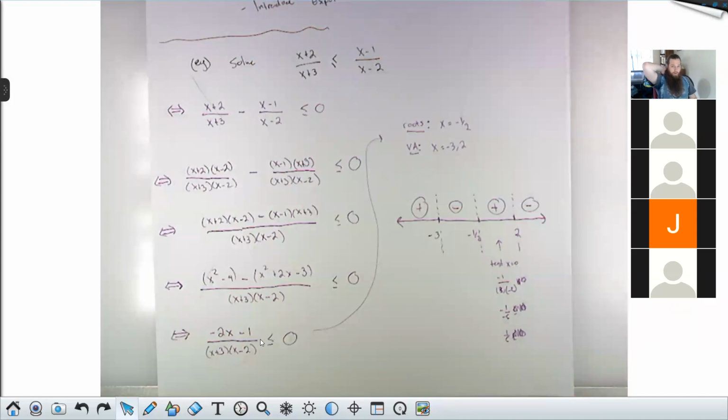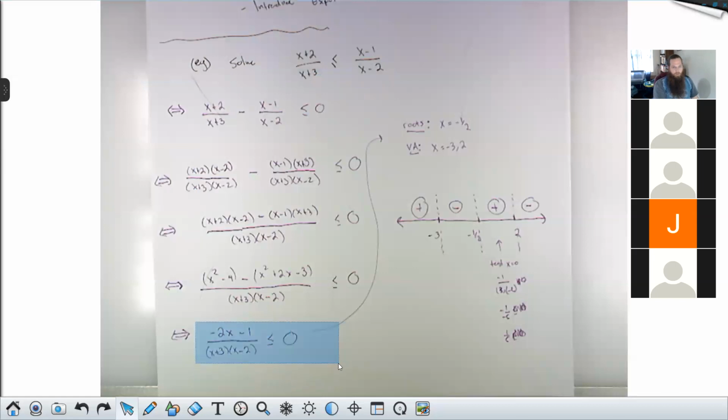And now that my number line is complete, I can write down my solution. The solution to this inequality is the same as the solution to this inequality. That's what all of these double arrows mean, if and only if. They have the exact same solution sets. So my original inequality is true if and only if this last inequality is true.